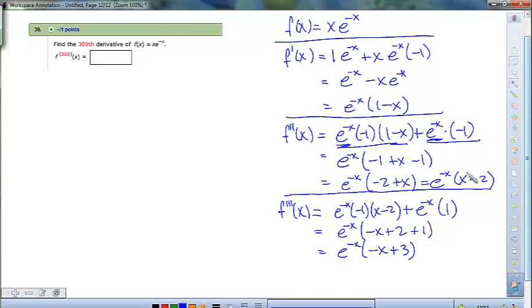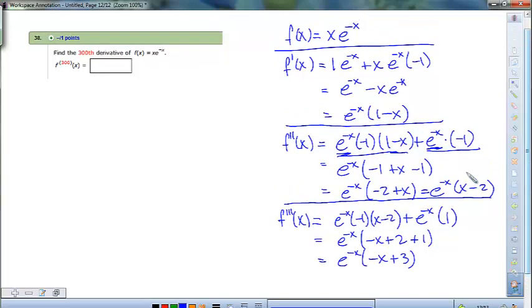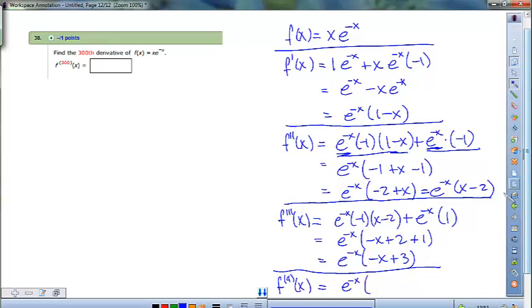So it looks like we have a pattern going on here. Without doing the actual derivative, we can probably guess that the fourth derivative, this is the notation for the fourth derivative, is equal to e to the negative x. And, let me rewrite this first. E to the negative x, 3 minus x.